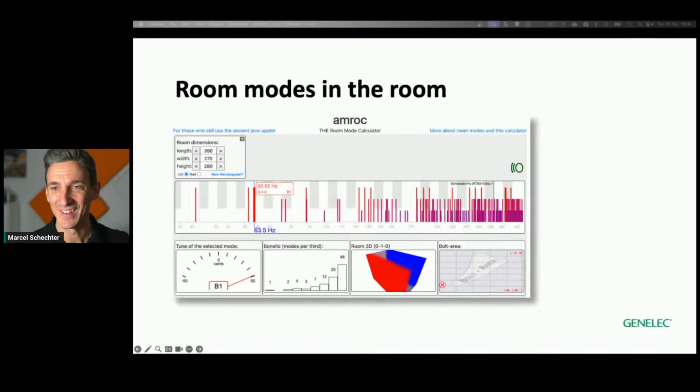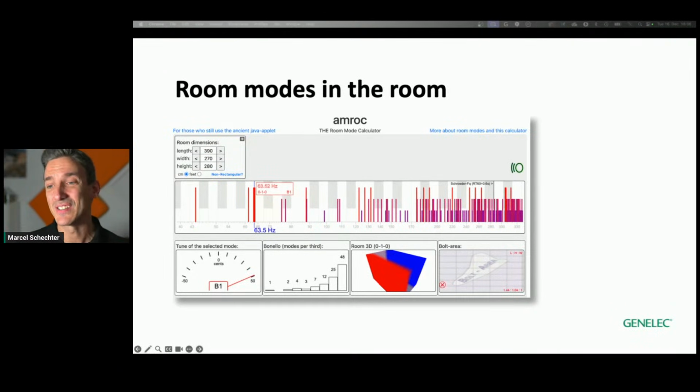You will see it now. And I just entered these values here. And quod erat demonstrandum, 63 Hertz is a modal influence, is one of the room modes. And I can also tell you that I'm sitting at the longer side of the room, which is not recommended. I had to do it because I have a window here.